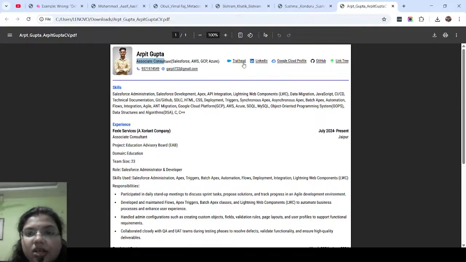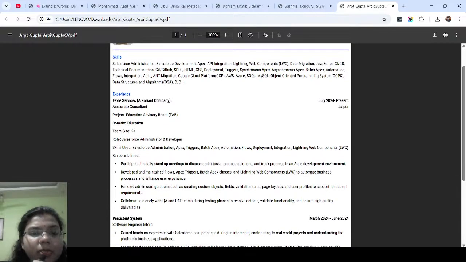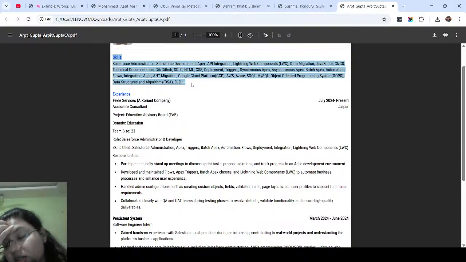Then Trailhead is there, LinkedIn is there, Google, okay, these are two good things, mentioning everything and even linking them, so easily one can go to the profile and check it. Then there is no summary, you have directly started from the skills. I have already told this in the presentation.